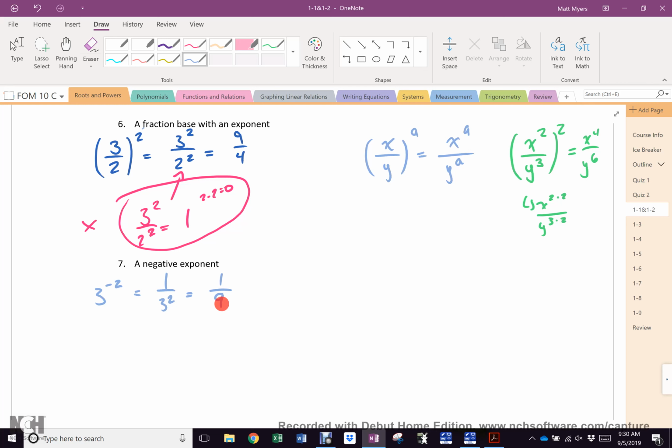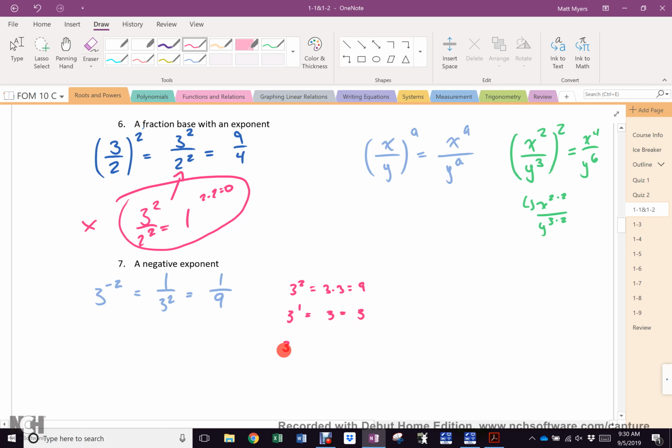Long discussion, long way of saying it, but right. Here is why it works. How many of you remembered this? 3 squared equals 3 times 3 equals 9, right? What's the next logical exponent? 3 to the 1, which is 3. What did I do there? I divided by 3, right?